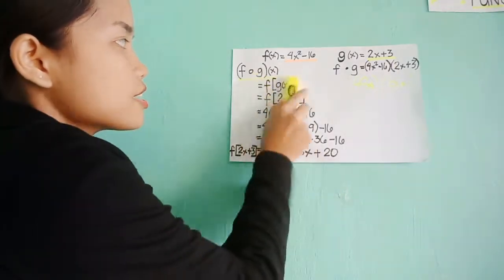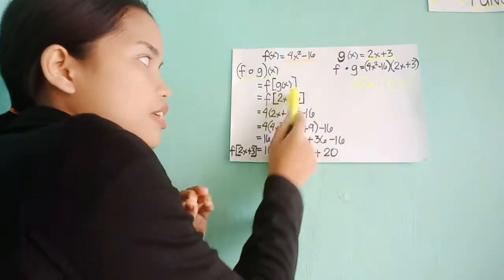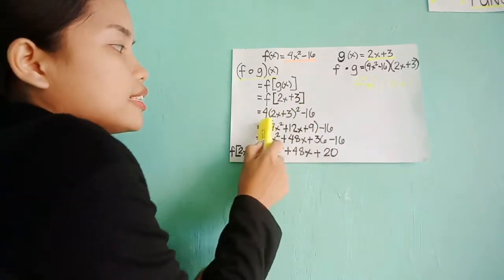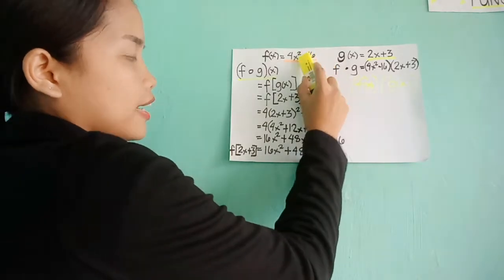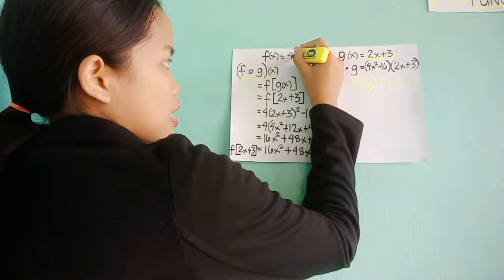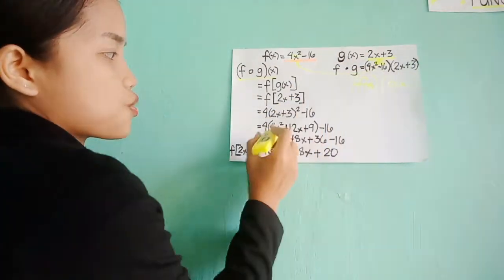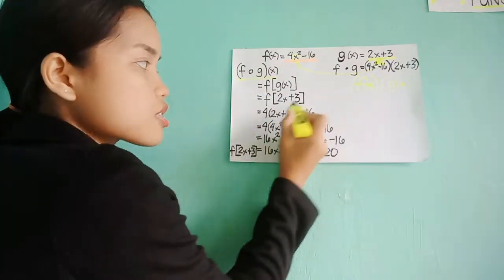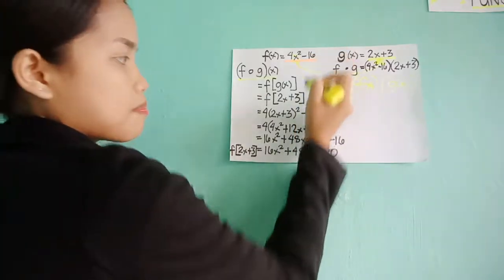So let's continue with the f of g of x. The value of g of x is 2x plus 3, and the value of f is 4x squared minus 16. The x in f will be changed to the value of g, so the x here is being changed to 2x plus 3, and don't forget the exponent, and then the minus 16.